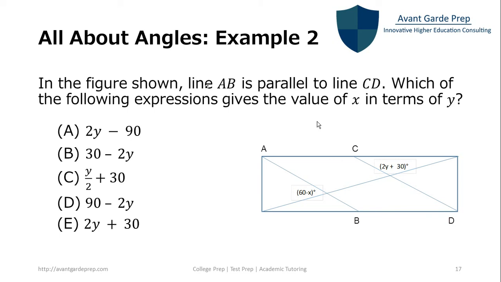Here we know that 60 minus x added to 2y plus 30 must equal 180 degrees, because this angle plus this angle is going to equal 180 degrees, because this is a transversal, right? And so you have your obtuse angle here, these are equivalent, and the acute angle here and the acute angle here are equivalent. So this essentially says that 60 minus x is the same here. So we add those two, and we should get 180 degrees.